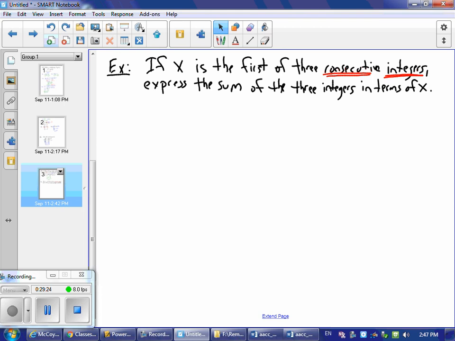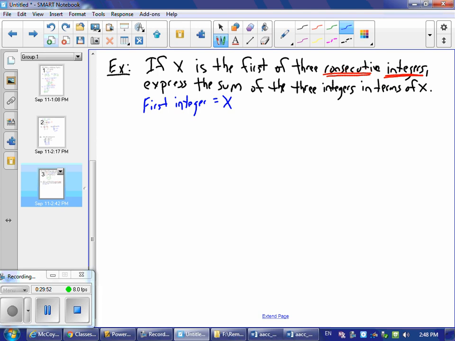The problem is we're given that the first number is x, so we don't know what it is. So our first integer is x. Well, if x happens to be, and this is just a guess because I don't have any idea, if x happens to be 5, the next consecutive integer would be 6.